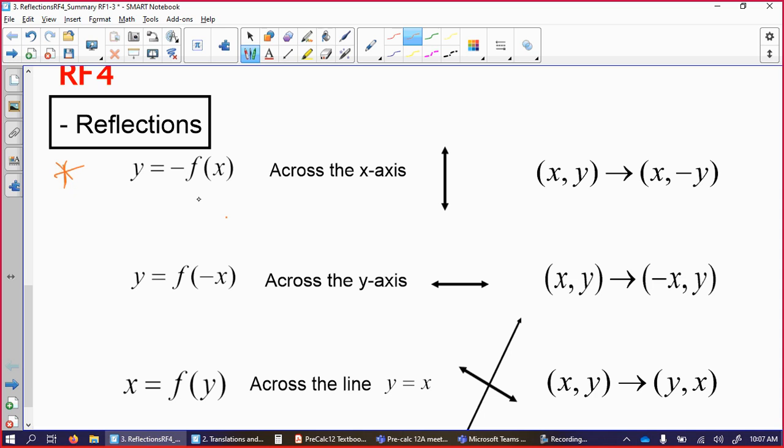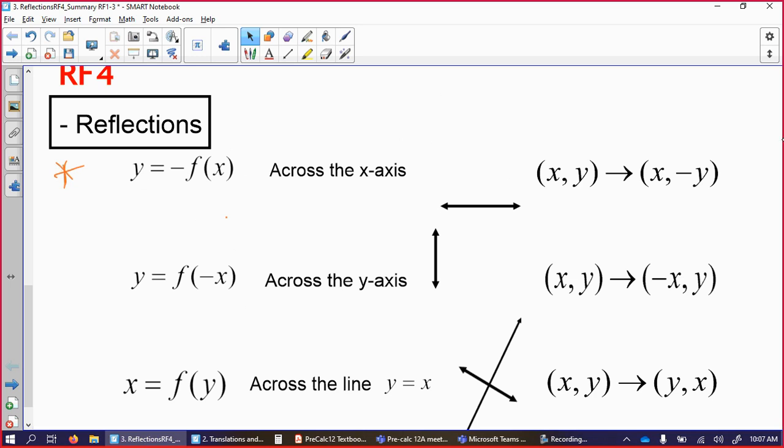So reflecting, if we put a negative in front, we're reflecting across the x-axis. And that's not right, because there's your x-axis. Reflecting across the y-axis is there, and reflecting, this is kind of the different one. We've looked at these sorts of things with quadratics.